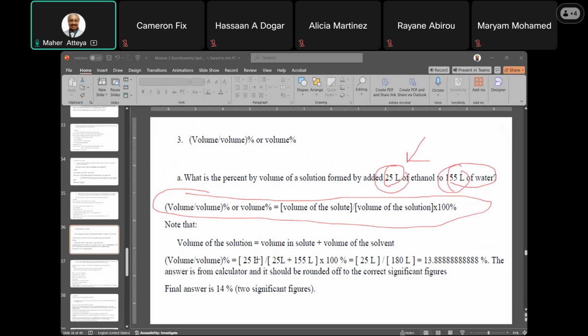So this one here is the volume of the solute divided by the sum of both solute and solvent multiplied by 100. And that came out to be 14%.